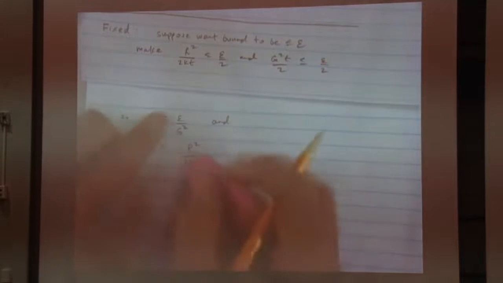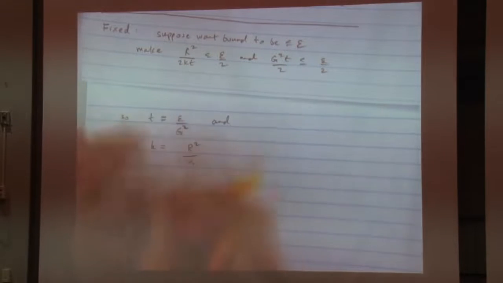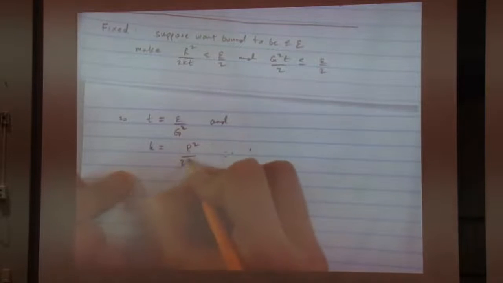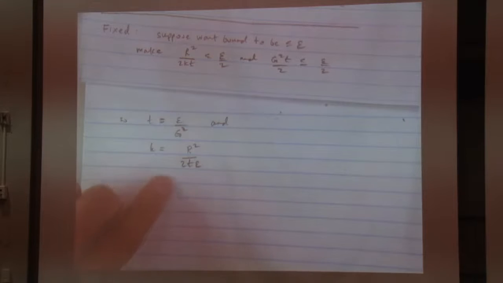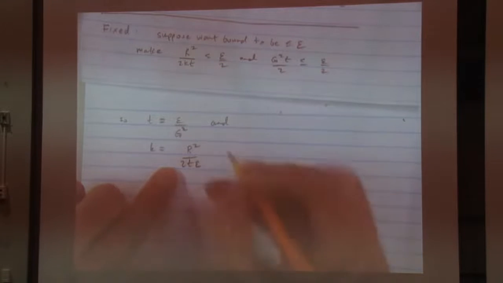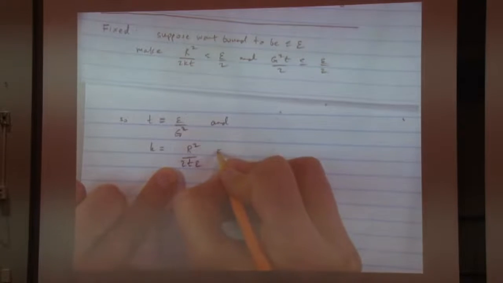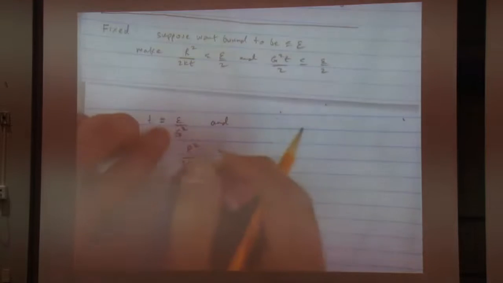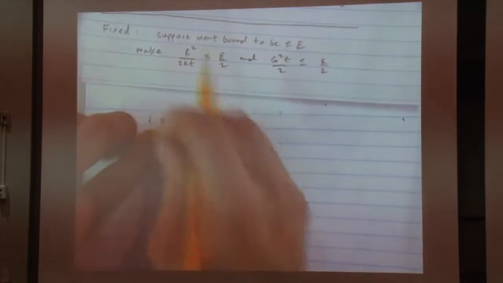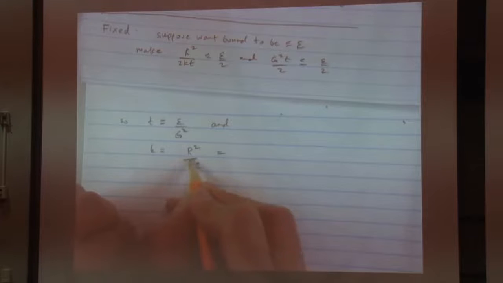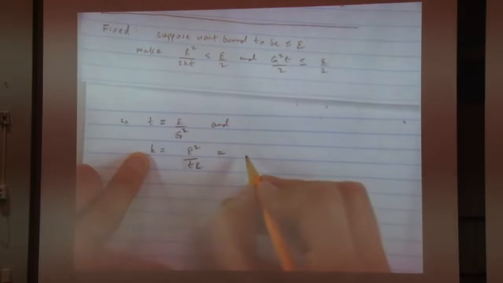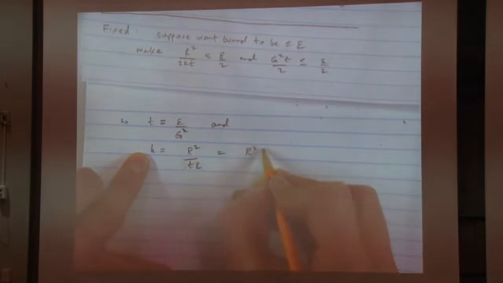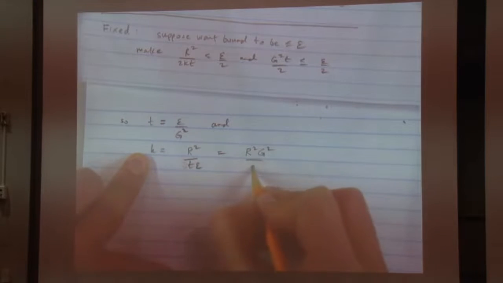That should be a t. It's just t times epsilon. There's no 2. The 2's canceled. Let's plug in for t. That says k has to be r squared times g squared over epsilon squared.